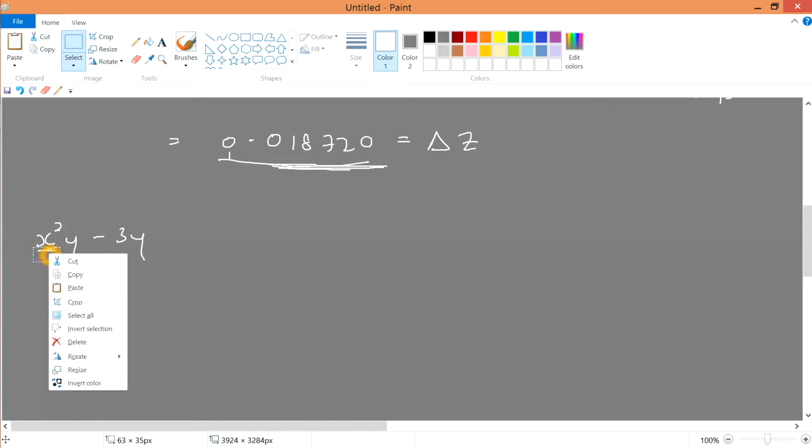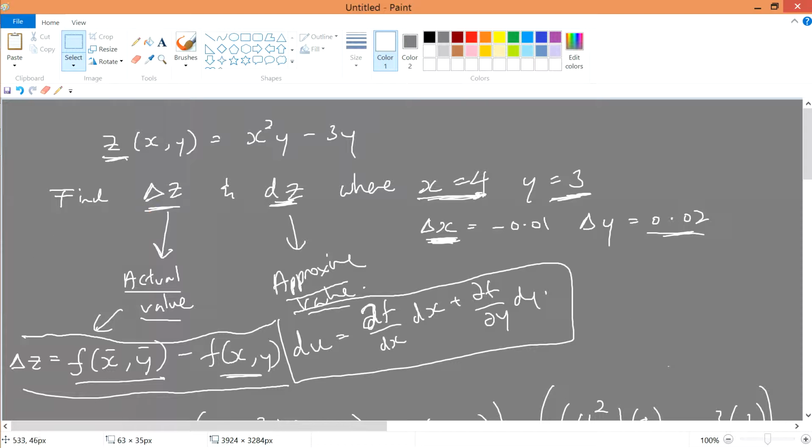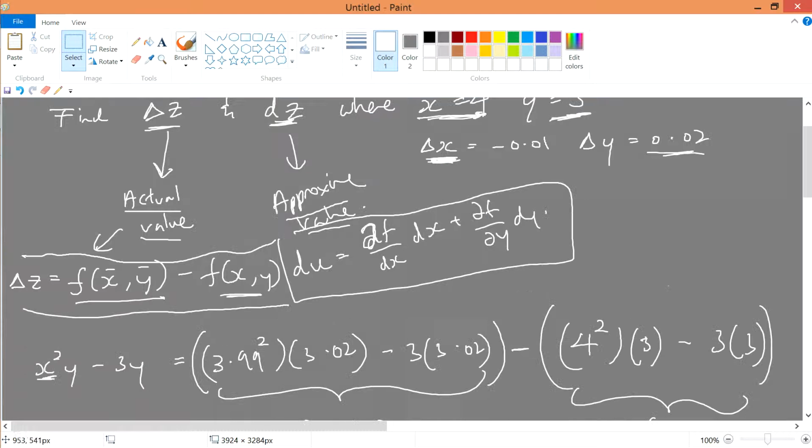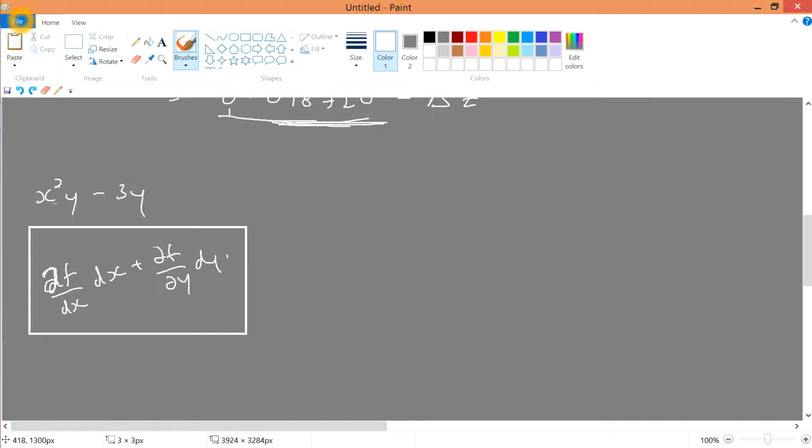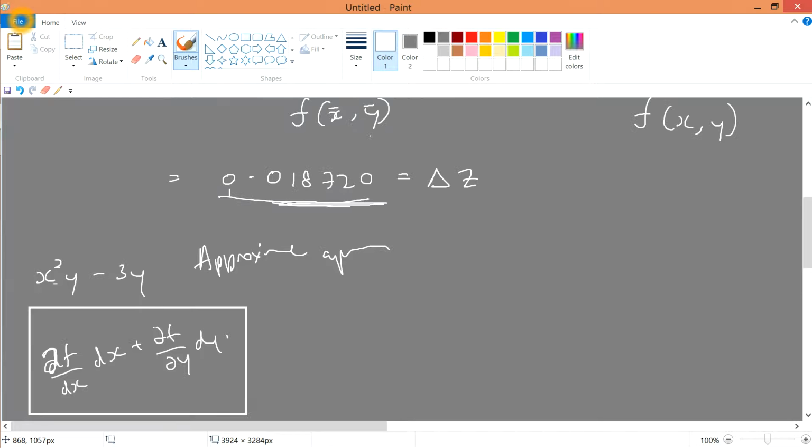This is the function that we are asked to solve. So this is the function, and then now I use this thing. I place it over here. So now we are solving in terms of the approximate approach. Previously, this one is the accurate approach.